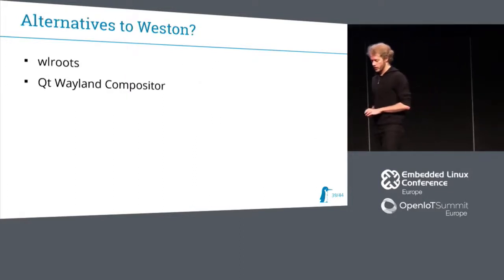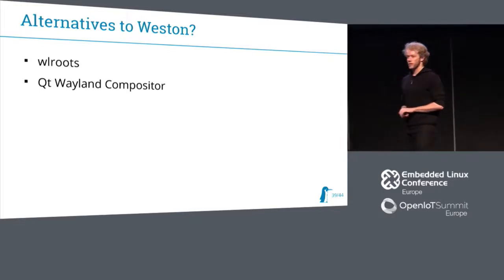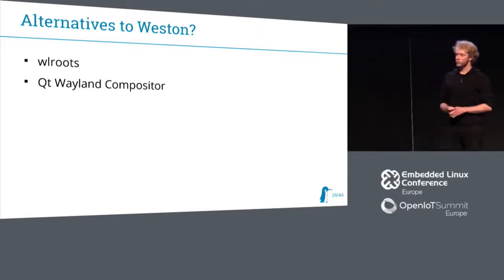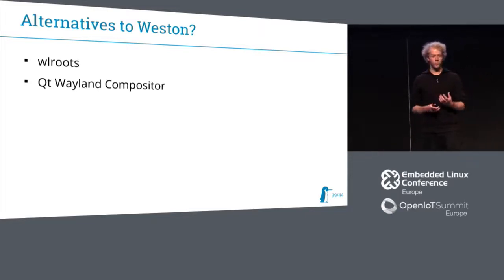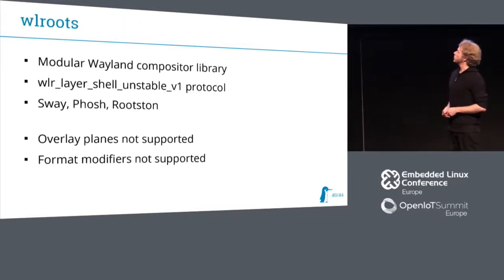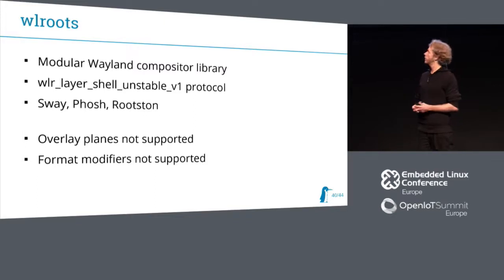So are there any alternatives to Weston? Yes, there are. There are the WL Roots project and the Qt Wayland compositor, which are the most prominent from my point of view. First, a look at the WL Roots project. It's a modular Wayland compositor library.